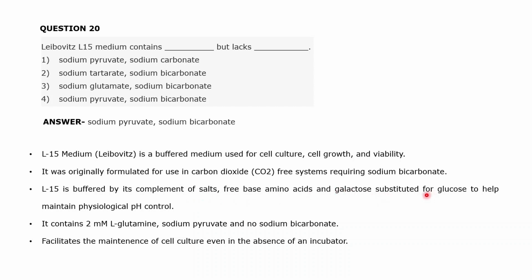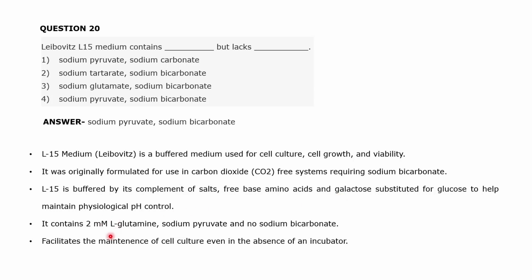Sometimes glucose was also used, but in this case galactose is used to maintain physiological pH control. Based on the combination of these components, rather than a carbonic acid buffering system, the physiological pH is regulated.